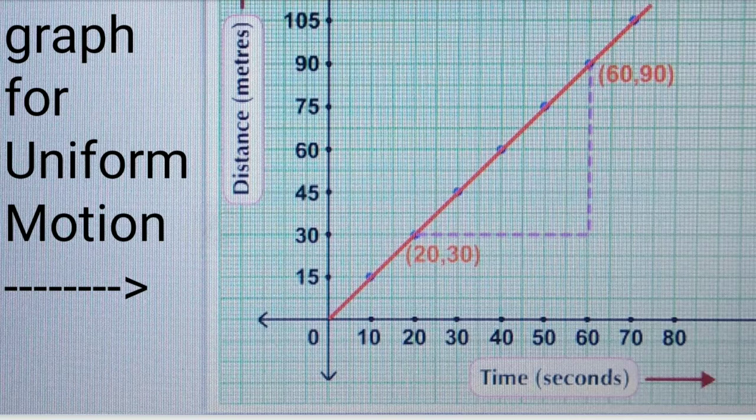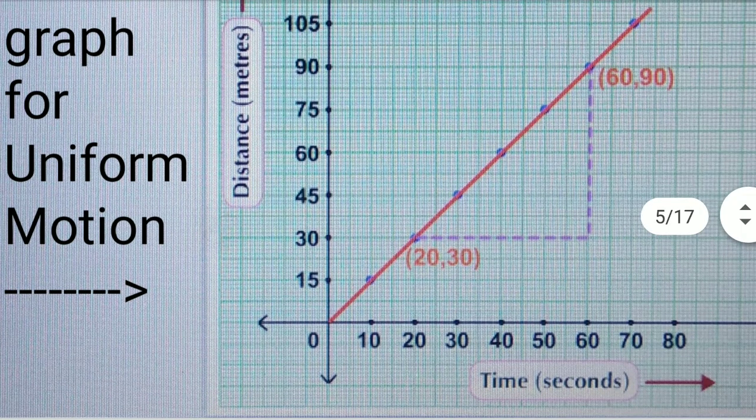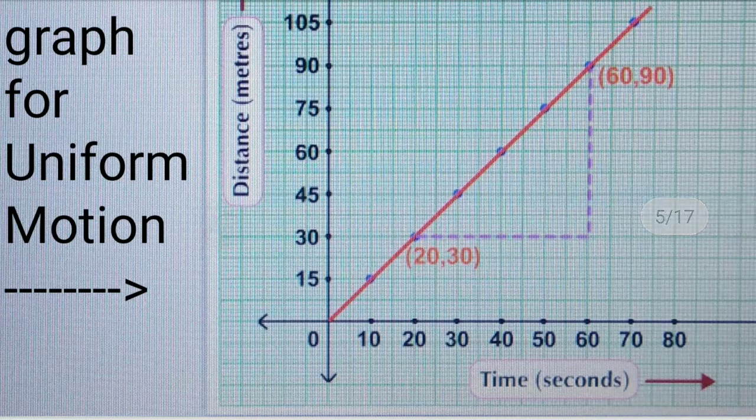After that, third point is 30 seconds time and the distance covered is 45 meters. Next, in 40 seconds, car covers 60-meter distance. In 50 seconds, car covers 75-meter distance.